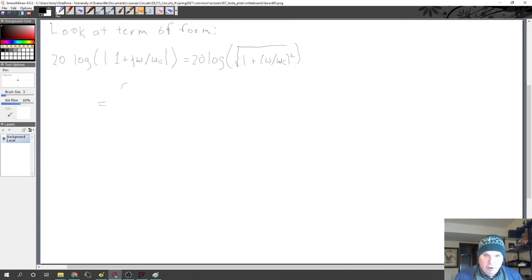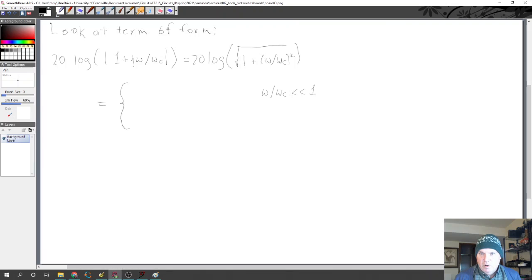Now, here's where the Bode method comes in. I'm going to approximate this function so that I can graph it on special paper, considering two extreme values for omega. The first case is when omega over omega c is much, much less than 1. Then the second term is small compared to 1, so I can approximate it as just 1.